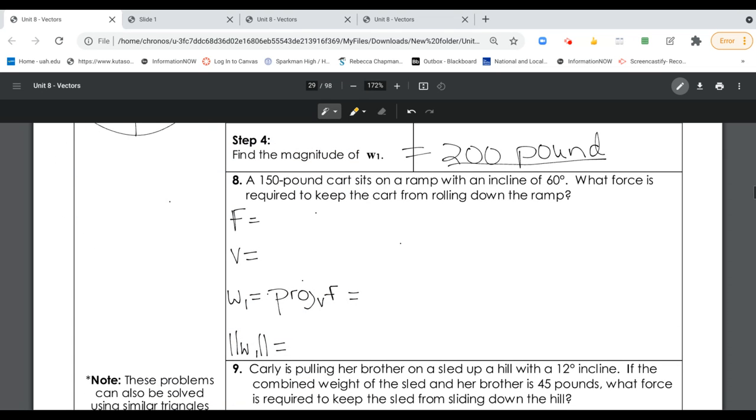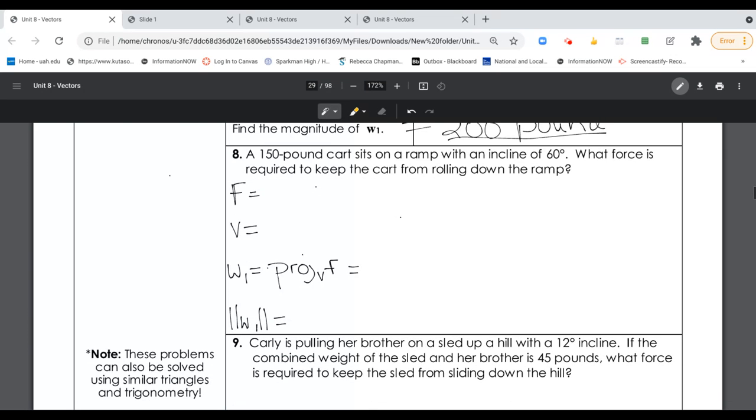Now, if you notice in example 8, I have all 4 parts already written down, first, second, third, and fourth. So we're going to look at our picture. You have a 150-pound cart that sits on a ramp on an incline of 60 degrees. So here's your cart up here. It's a beautiful cart, I know.